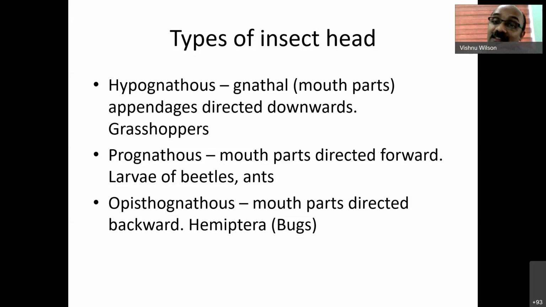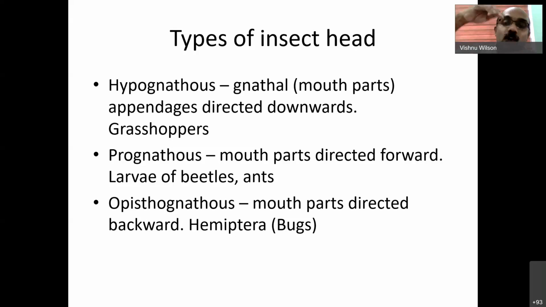If the mouthparts are directed forward or anteriorly, it is called prognathous. If the mouthparts are directed backwards, it is called opisthognathous.